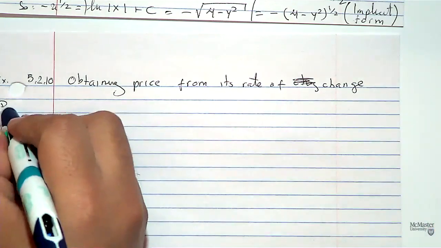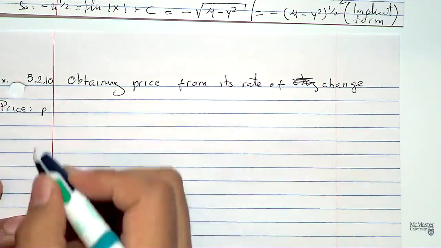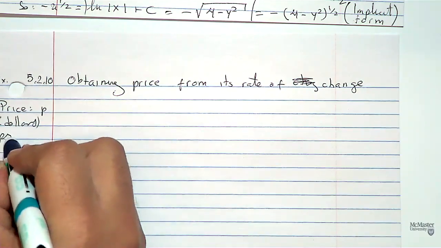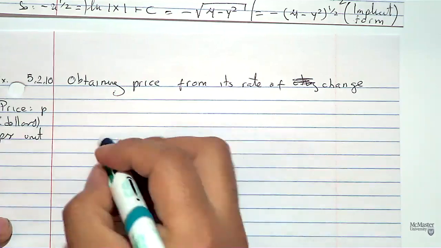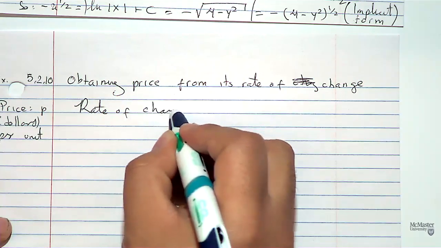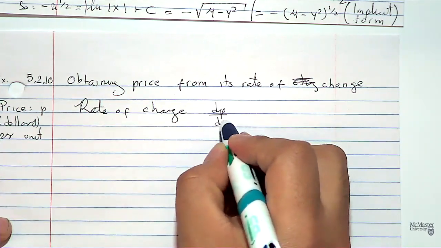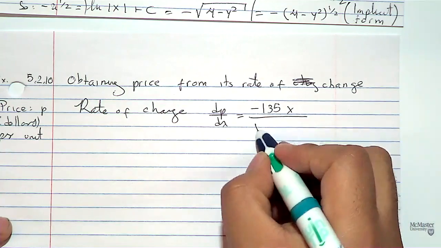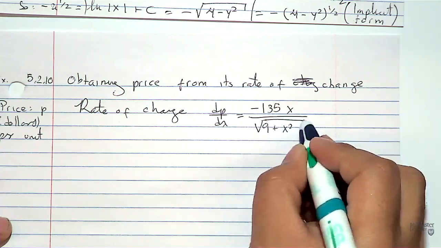So you have the price, which is denoted by the variable P, in dollars per unit. And you're given the rate of change, which is dp dx equal to minus 135x divided by the square root of 9 plus x squared.